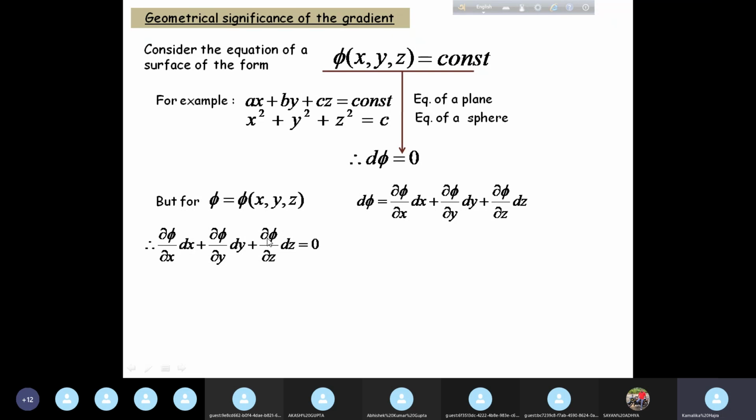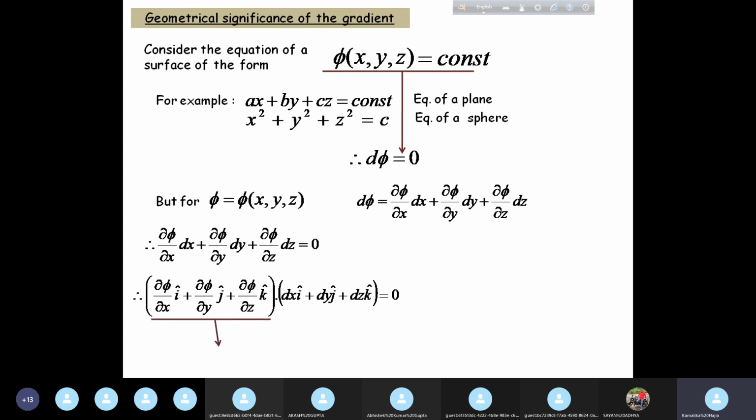So we write this as the dot product of two vectors in this manner: del phi del x i cap plus del phi del y j cap plus del phi del z k cap, dotted with dx i cap plus dy j cap plus dz k cap, equal to 0. The first term is nothing but grad phi, and the second term is nothing but dr. So we get grad phi dot dr equal to 0. The dot product of these two vectors is 0.